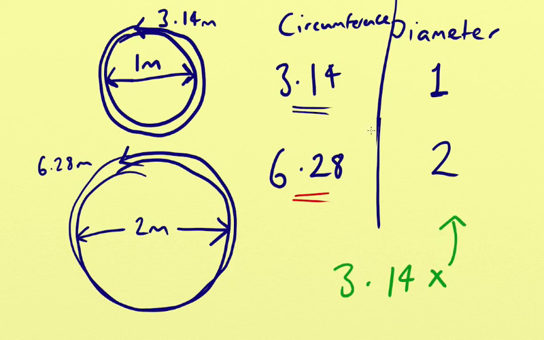And that's all that our letter pi symbolises. It symbolises this number here, and it just means that whatever the diameter is, the circumference is 3.14 times bigger.